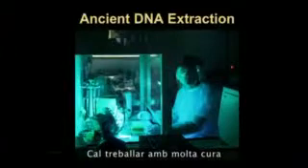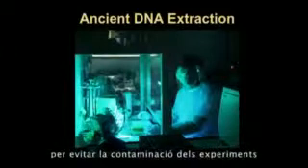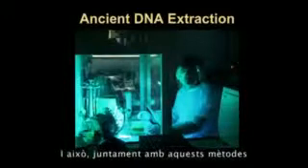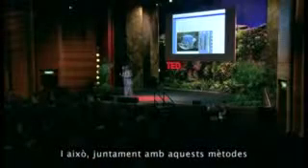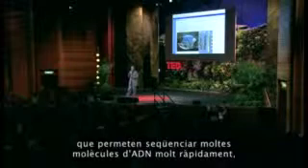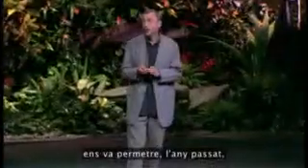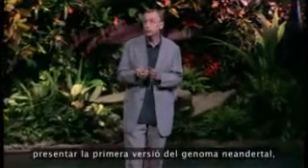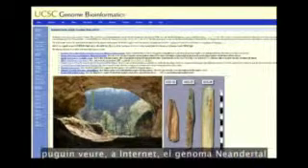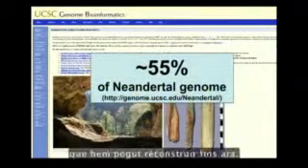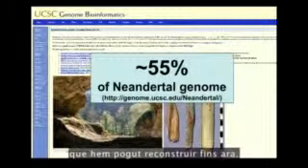You have to work very carefully to avoid contamination of the experiments with DNA from yourself. And this, in conjunction with methods that allow very many DNA molecules to be sequenced very rapidly, allowed us last year to present the first version of the Neanderthal genome, so that any one of you can now look on the internet at the Neanderthal genome, or at least at the 55% of it that we've been able to reconstruct so far.